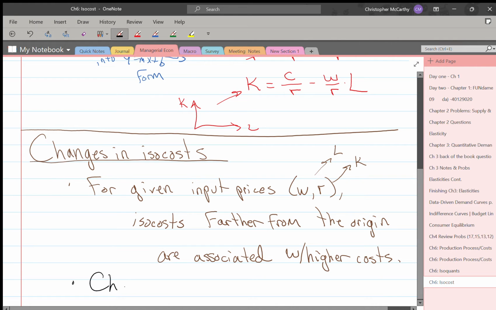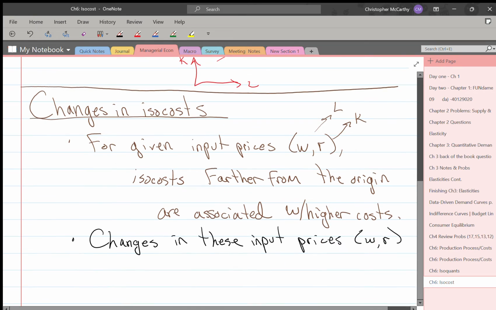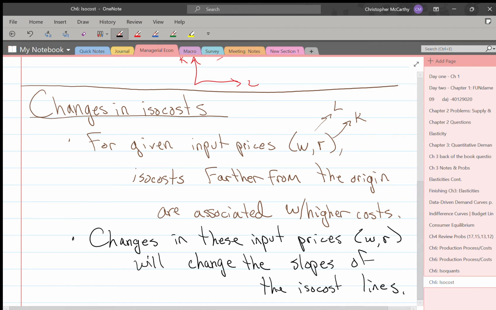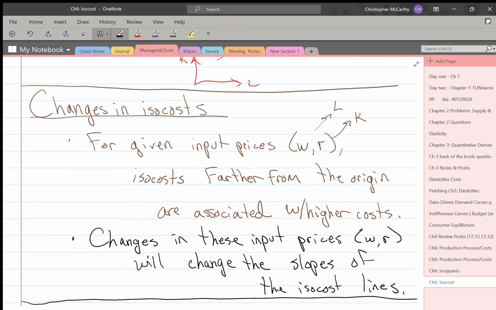And changes in these input prices, W and R, will change the slope of the isocost lines. So any questions on that? After reading it, it should be pretty self-evident.